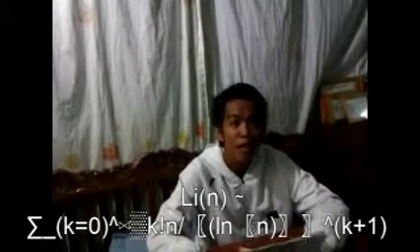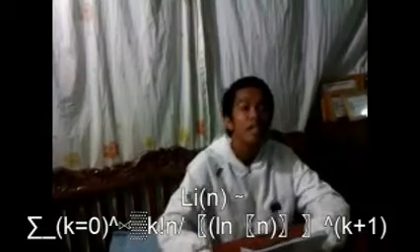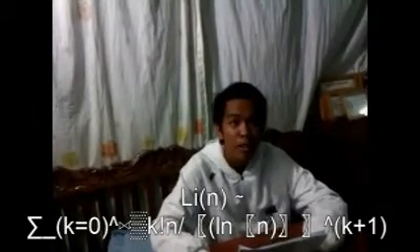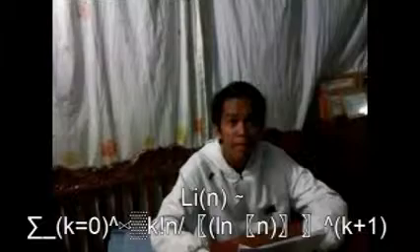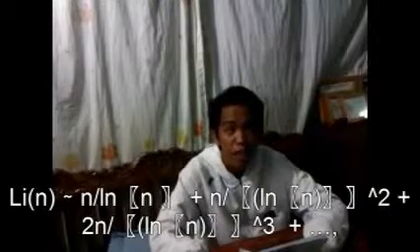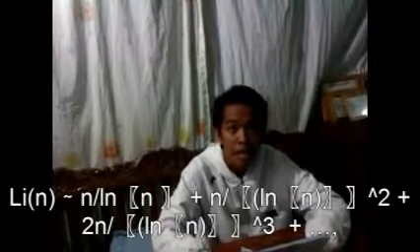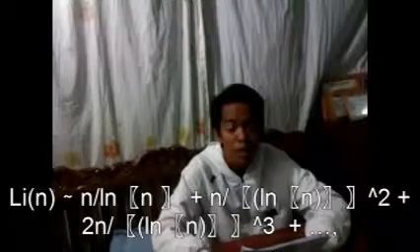Note that Li(n) has the asymptotic expansion Li(n) approximately equal to n divided by ln n plus n divided by (ln n) squared plus 2n divided by (ln n) cubed plus and so on.